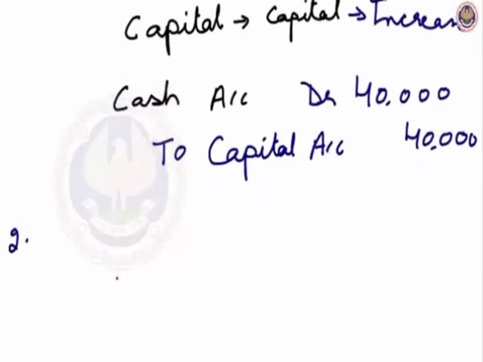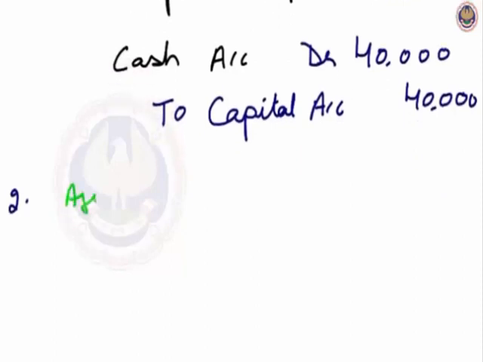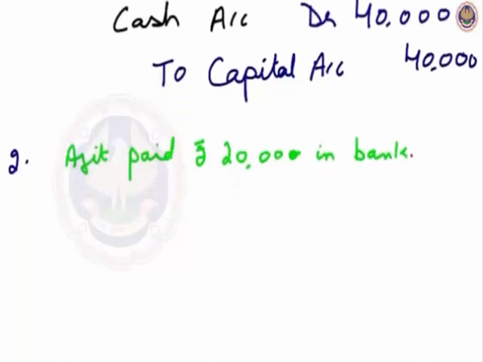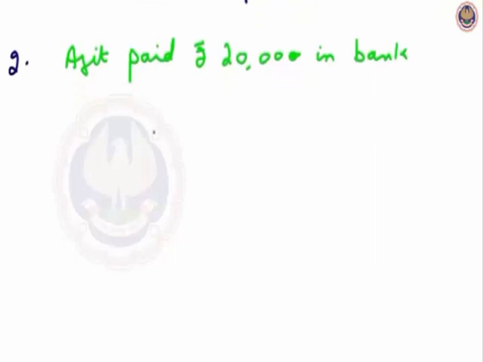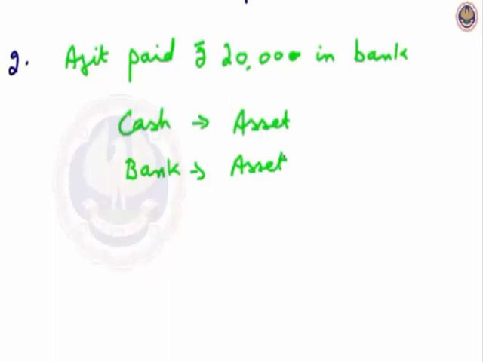Second transaction was he paid into bank rupees 2,000. Ajit paid rupees 2,000 into the bank. So the accounts involved are one is cash, one is bank. Cash is an asset, bank is an asset.